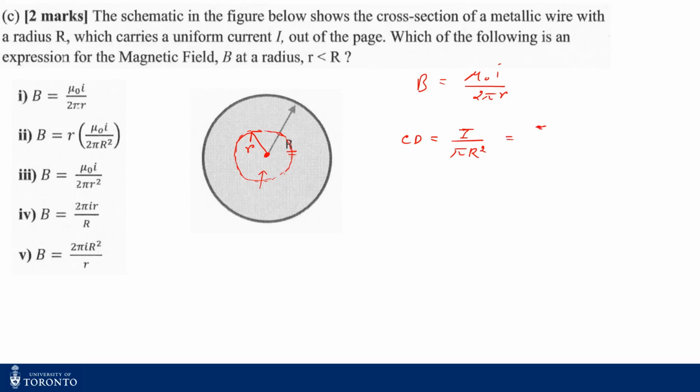So this should have, let's say, a current small i divided by pi small r squared. So what's the relation between my small i and the capital I?